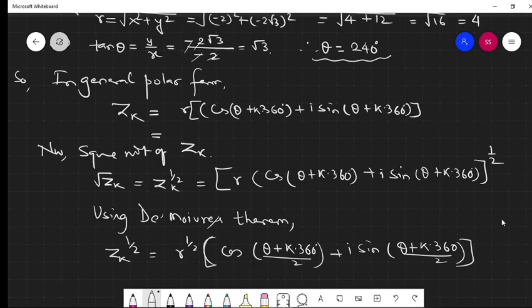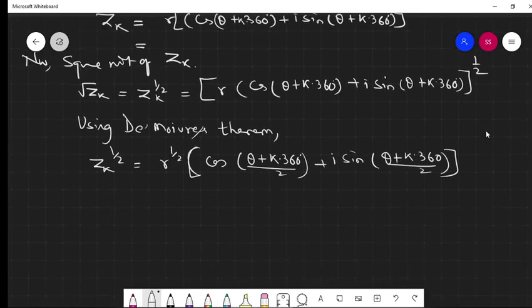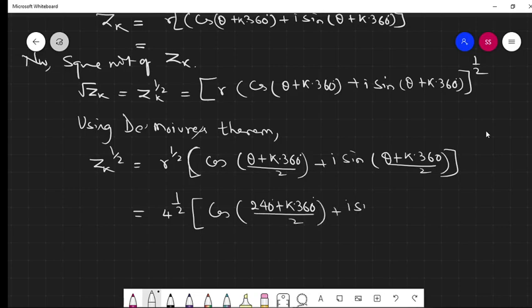Equal to r, which is 4 to the power 1 by 2, times cos of theta, which is 240 degrees, plus k times 360 degrees, by 2, plus i sin of 240 degrees plus k times 360 degrees, by 2, bracket close.